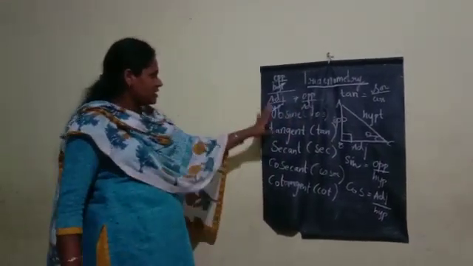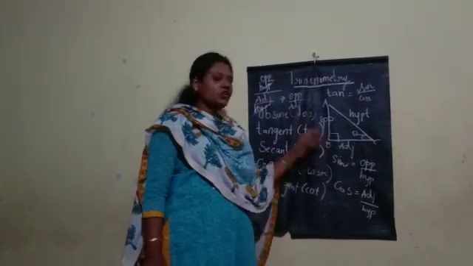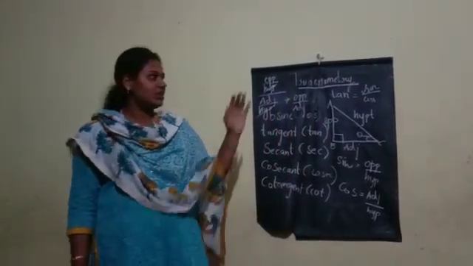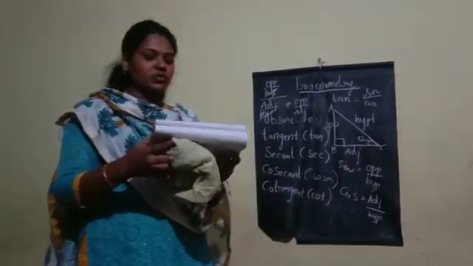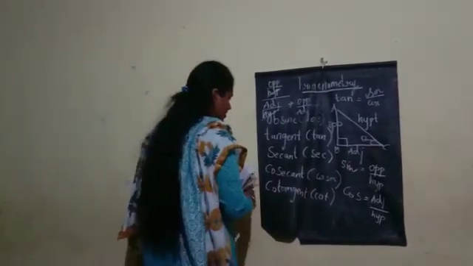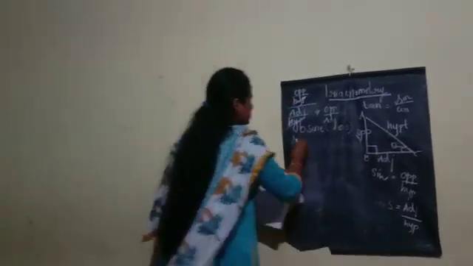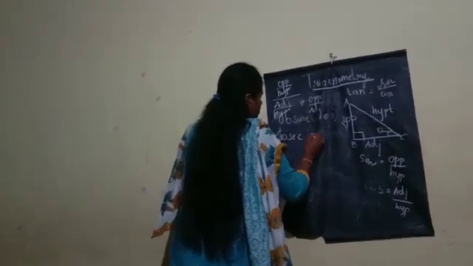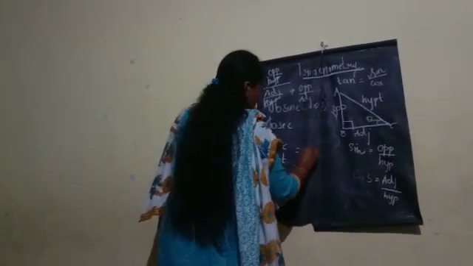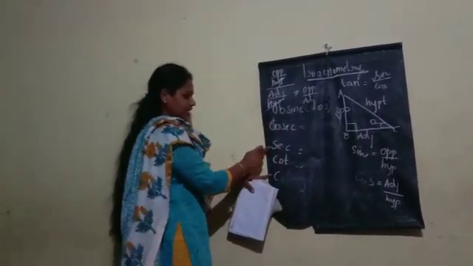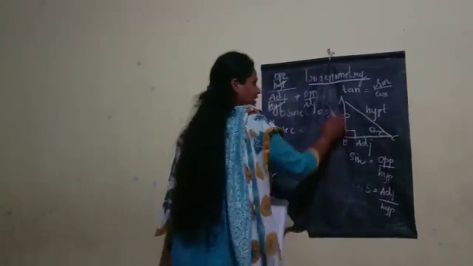For these first 3, sine, cos, tan, we have assigned the values. Depending on their values, we can also determine the other 3, which are cosecant, secant and cot. These are the reciprocals of sine, cos and tan.